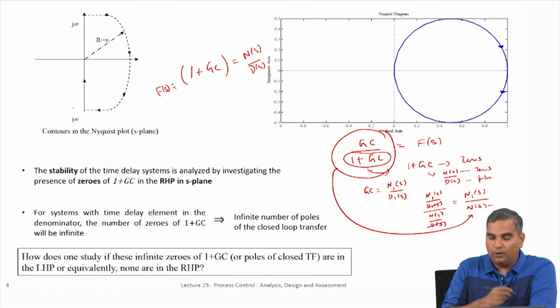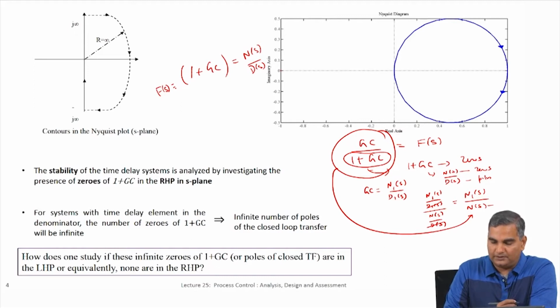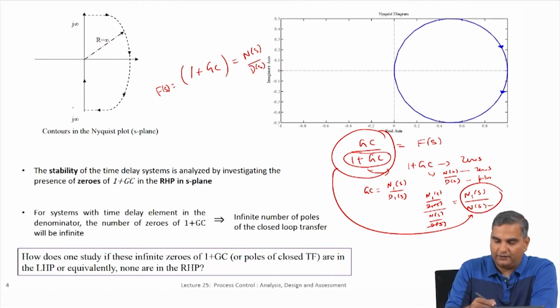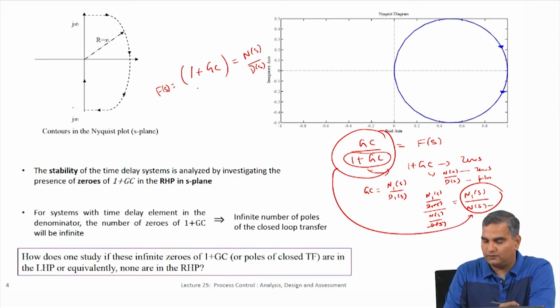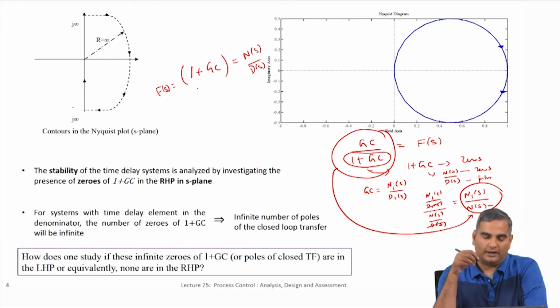Okay. So the whole question of stability of the closed loop has boiled down to this, where f of s is 1 plus Gc, which I can write as a numerator by denominator polynomial. Now from this I know that if the zeros of this f of s, which is 1 plus Gc, which are the roots of the numerator polynomial, are in the right half plane, then my closed loop system is going to become unstable.